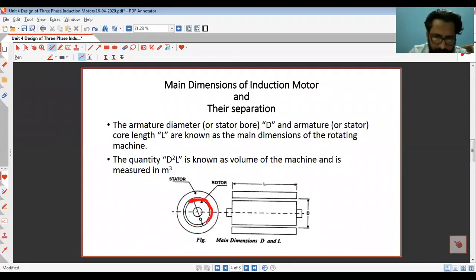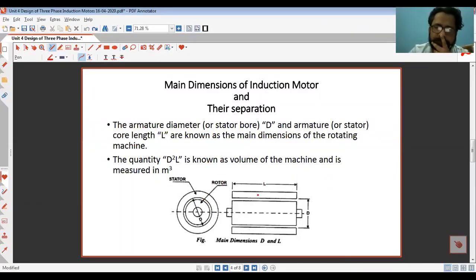So the diameter in this case is either the diameter of the rotor, or the diameter of the stator bore, meaning the internal periphery of the stator. Not the external diameter in this case, right?